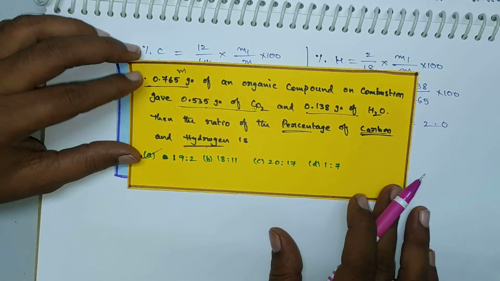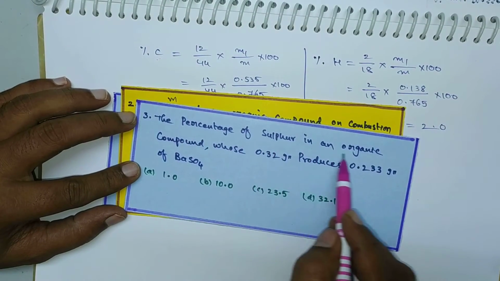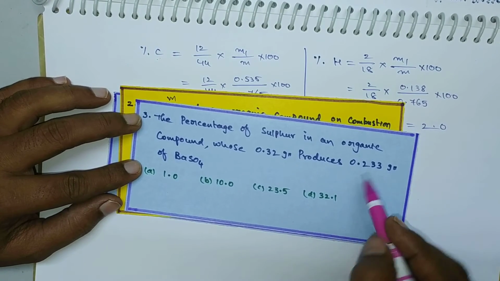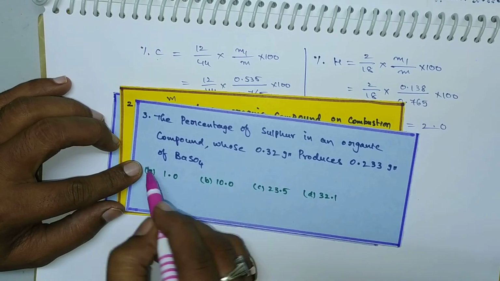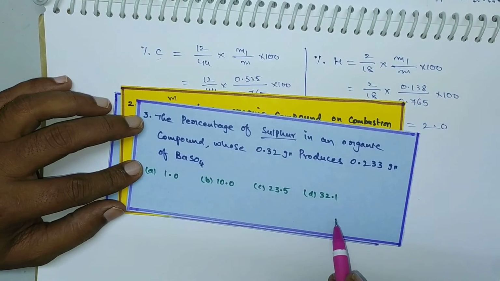Okay, and next one: the percentage of sulfur in an organic compound, whose 0.32 grams produces 0.233 grams of barium sulfate. So here he asked to calculate the percentage of sulfur.